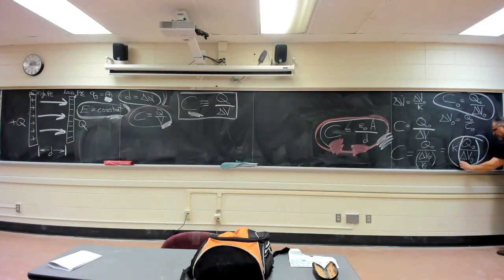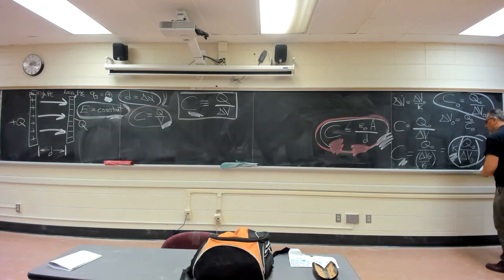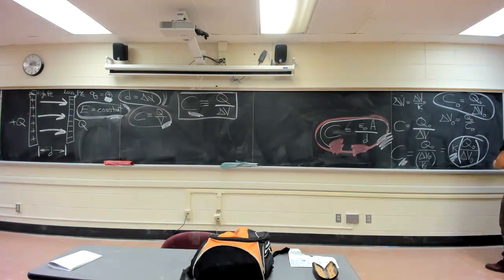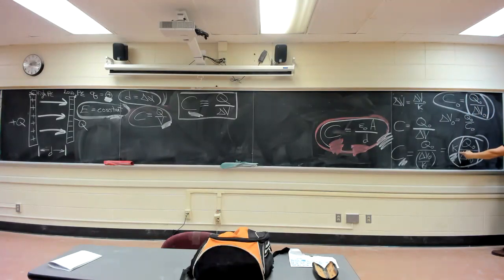That looks awfully familiar. That was the original C, this is what you had originally. The capacitance here is different. It's the same thing you had here, Q0 over delta V0, same thing.